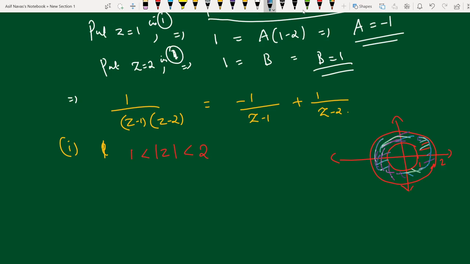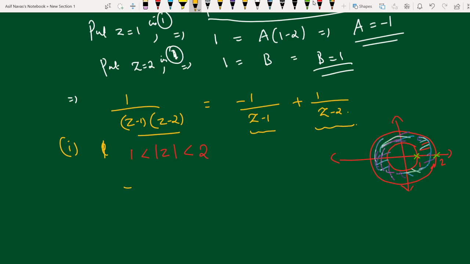Here the function is analytic; the only points of singularity are these 2 points. The series expansion of this is the sum of the series expansions of these 2.